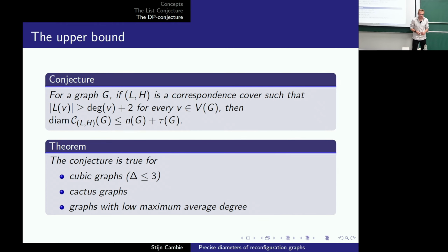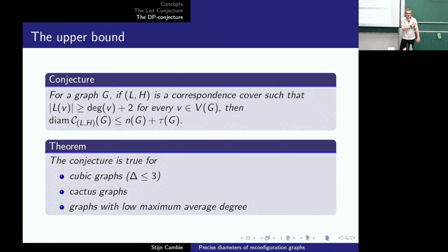For the precise diameter in general, I don't know about a polynomial algorithm. Even though n plus mu is an upper bound and in our proof we give a simple algorithm to achieve it, that doesn't imply that n plus mu is hard for every list coloring. So I don't know about an efficient algorithm to prove the sharp version.